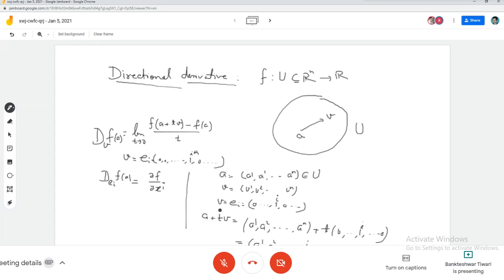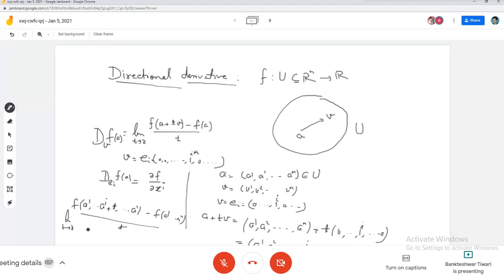So now when you put the value here, you will get this f(A1 dot dot Ai plus t, and the last term will be AN) minus f(A1, A2, AN), and divided by t, and limit t tending to 0.